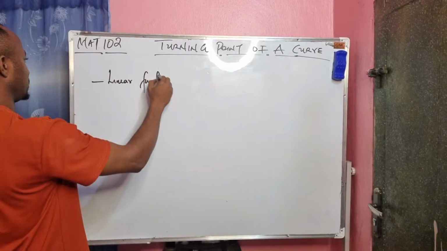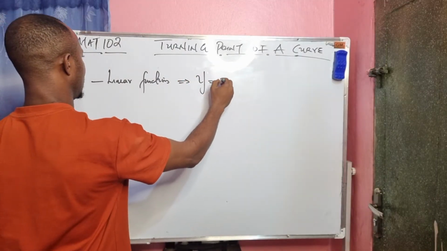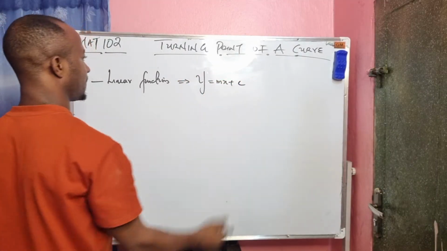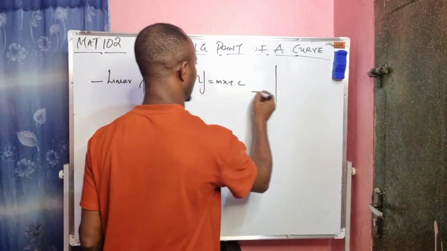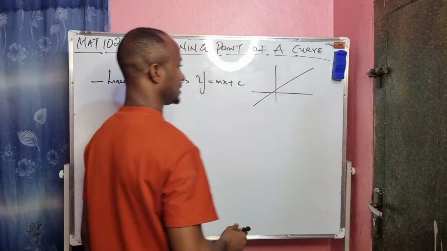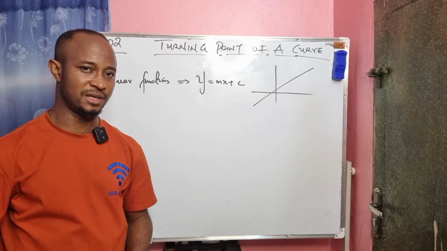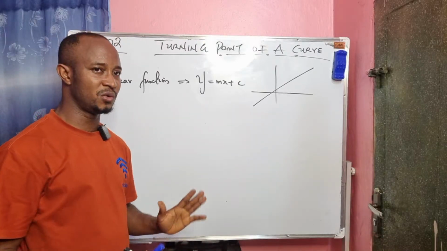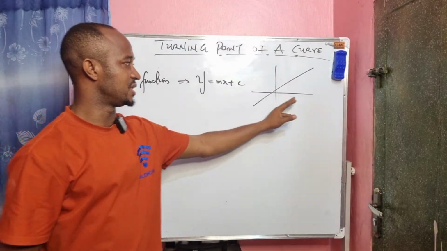The general form of this function is y equals mx plus c. All right, so a graph of y against x will always give us a straight line graph of this kind, right? This is also a curve, but it's a linear curve. Are you there? This kind of curve is always either increasing or decreasing with respect to a change in x.